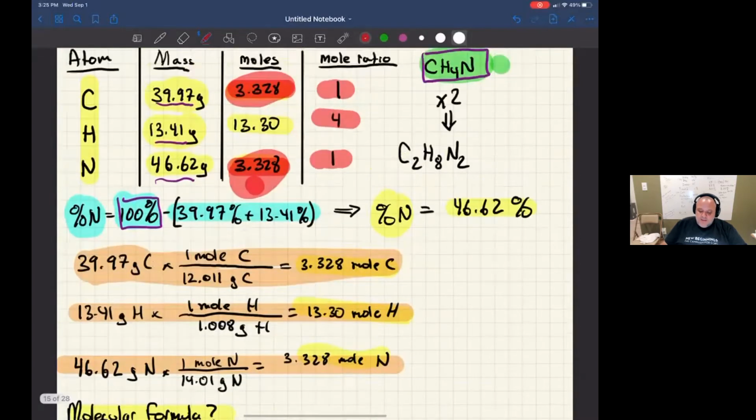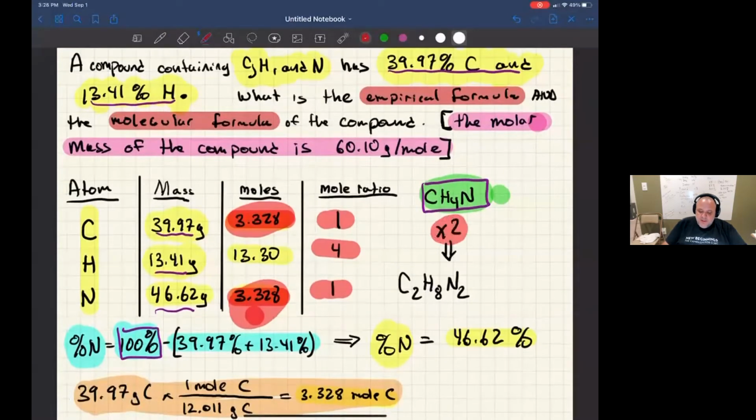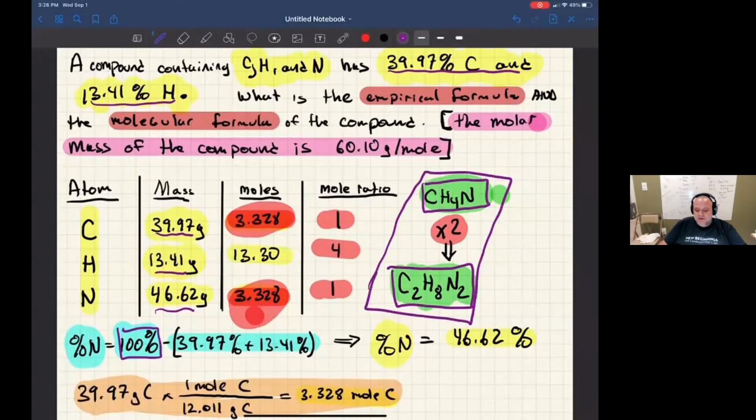So if I come back up here to the empirical formula and multiply it by 2, then I have my molecular formula. So CH4N would become C2H8N2, and that is my molecular formula. And so I've finished the problem, getting both the empirical formula and the molecular formula. Okay, that's it.